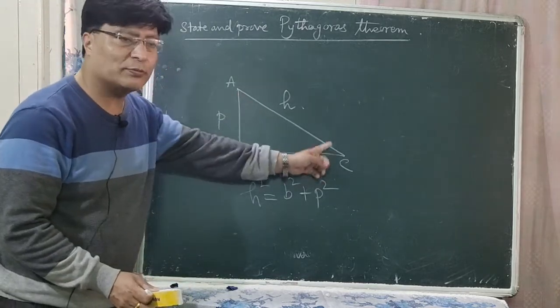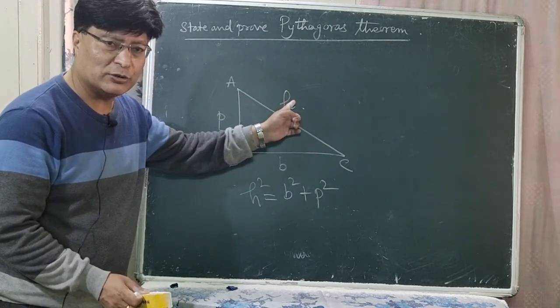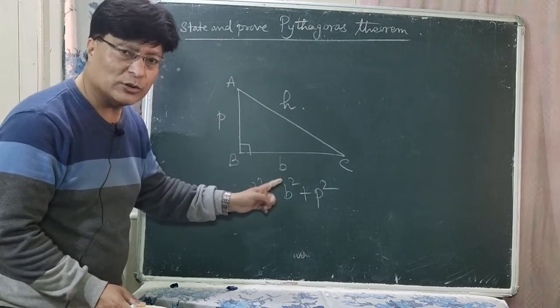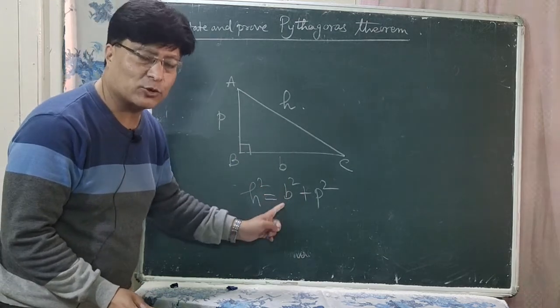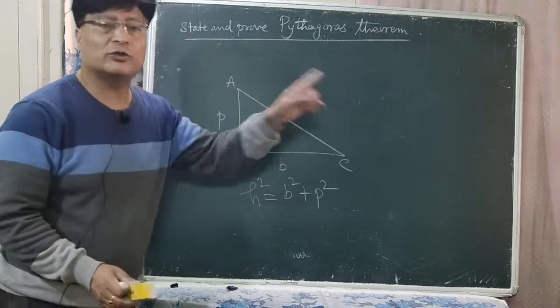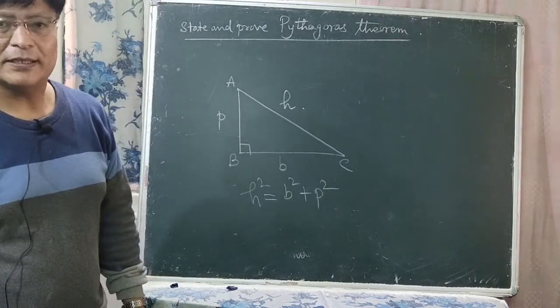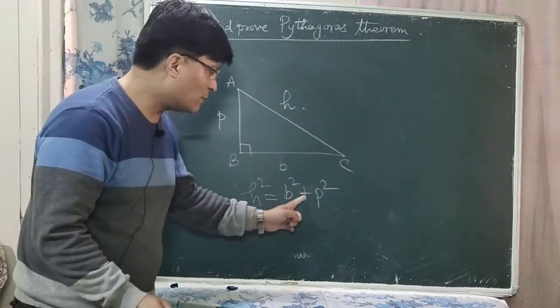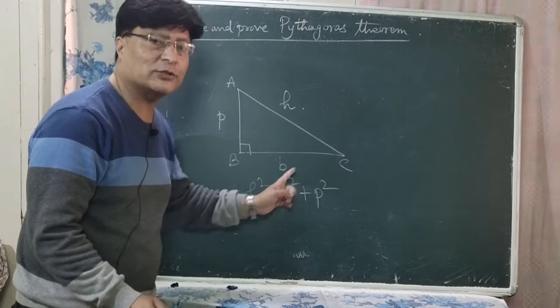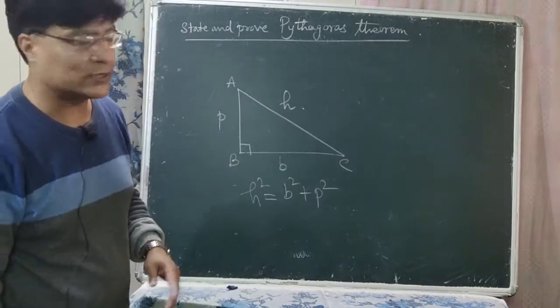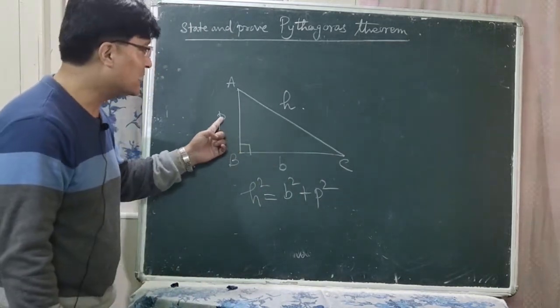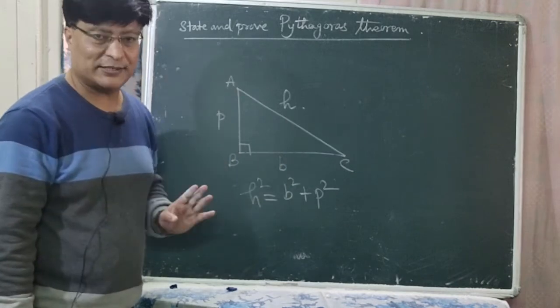So what is Pythagoras theorem? The area of the square on the hypotenuse is equal to the sum of the areas of the squares on the other two sides. On the other two sides means it is perpendicular and base.